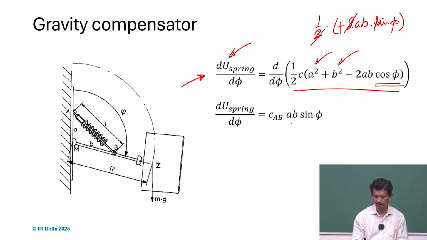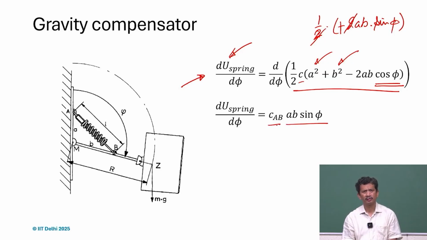We are left with AB sin phi times C, and we can put the subscript AB. So the stiffness of the spring times A times B sin phi. This is what we get if we take the derivative.